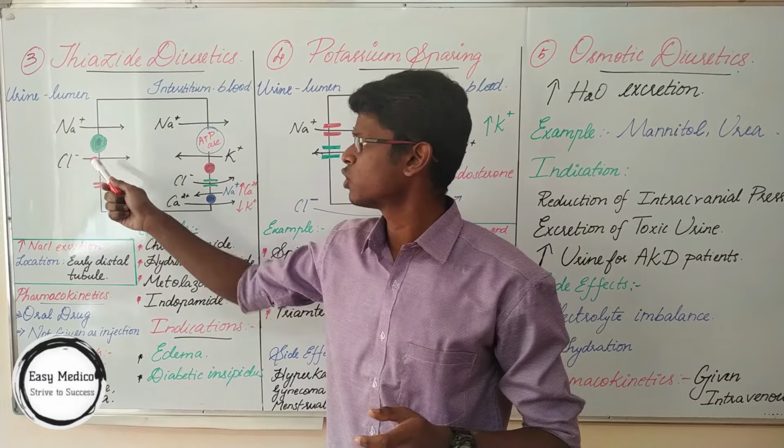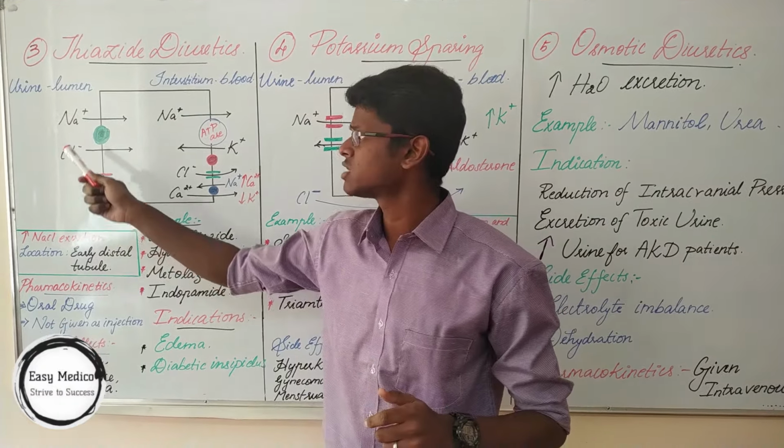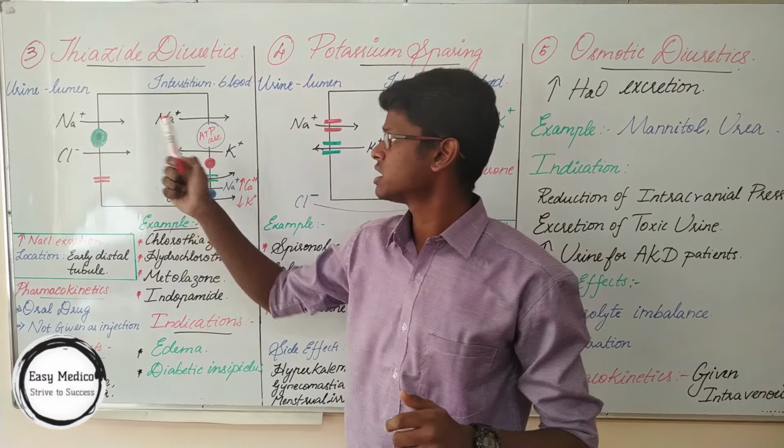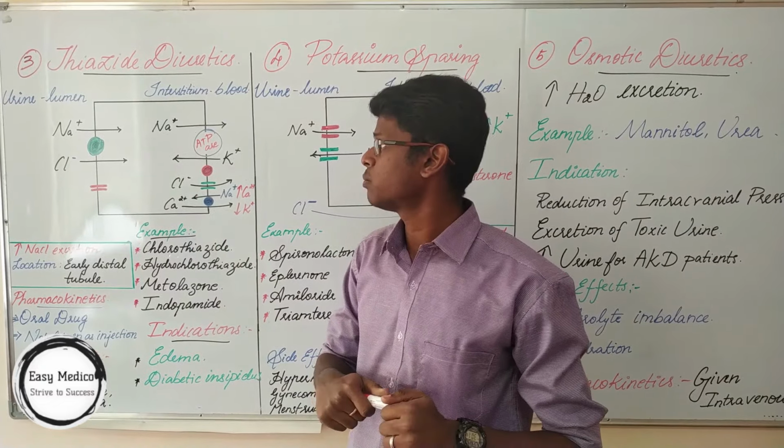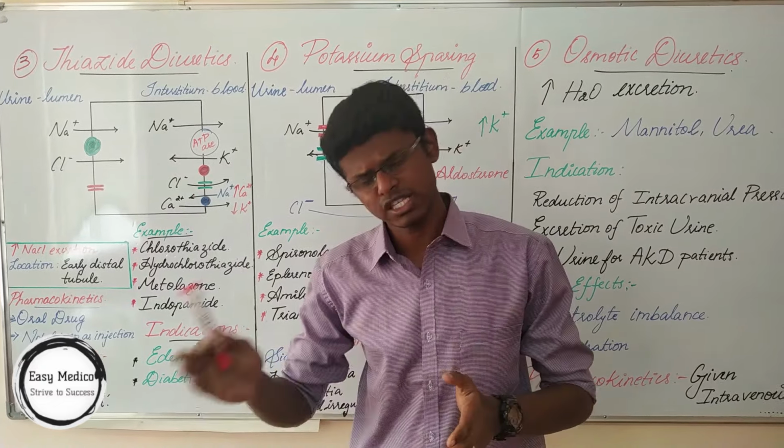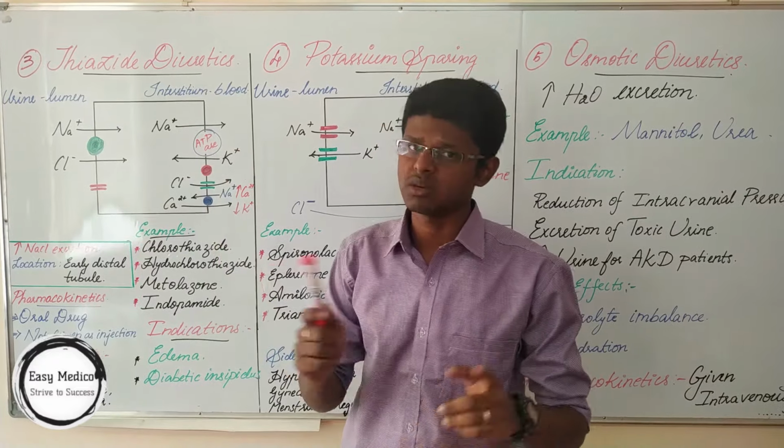To know more about it, let's zoom into the epithelial cells. Here is a sodium chloride cotransporter, where the extracellular sodium chloride enters into the epithelial cells, and over here the sodium potassium ATPase pump does its work as usual, where sodium goes out and potassium enters in.